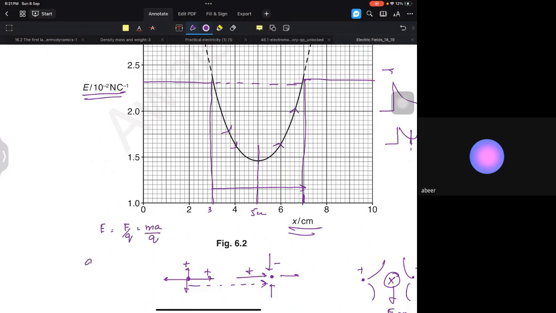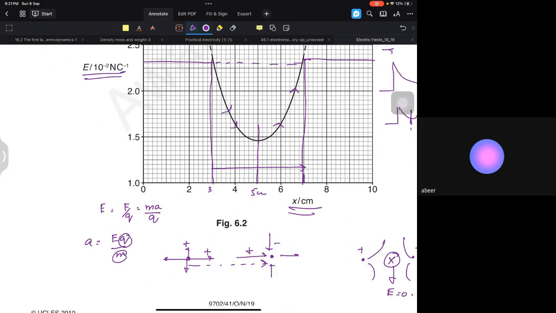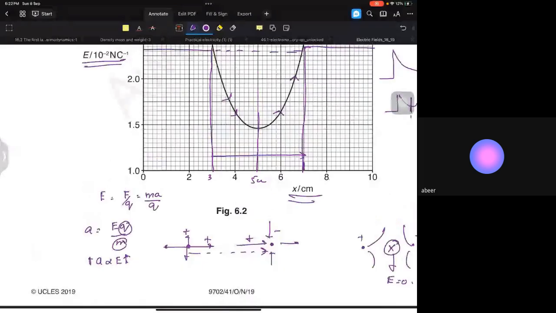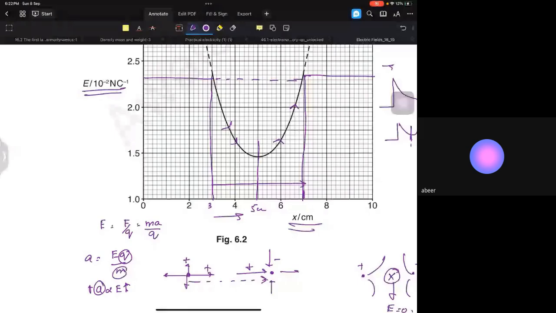So if I compare A with E, it's going to be EQ over M. Charge is the same, mass is the same. So A is directly proportional to E. That means greater the electric field strength, the greater the acceleration. So from 3 to 5, it is going to reduce its acceleration, E reduces, and then it's going to increase its acceleration as it goes further. Is that clear, kids? Yes, sir.